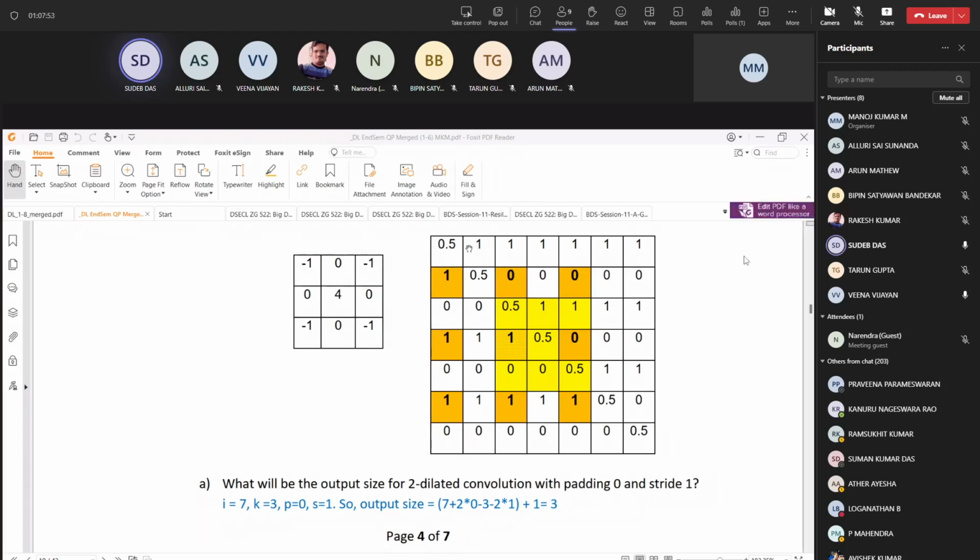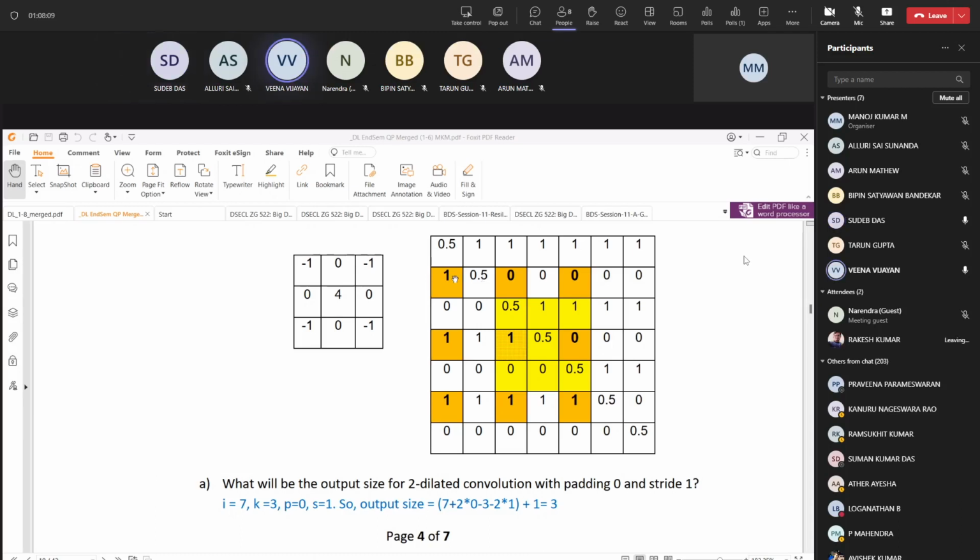Oh, okay, the first one is a gap. That's why he started with one gap. Taking two dilated row or column wise, they are taking one gap each. But in the last column they did not consider it, right?